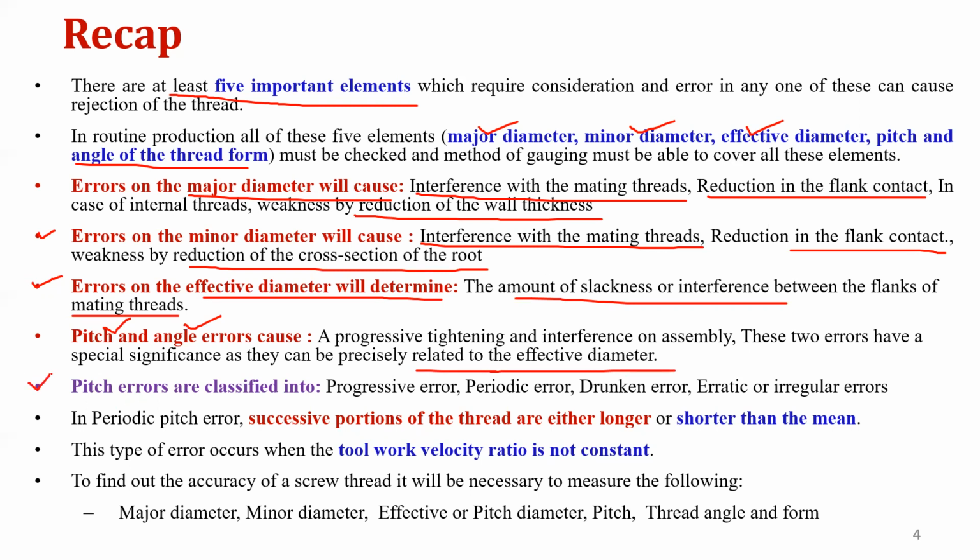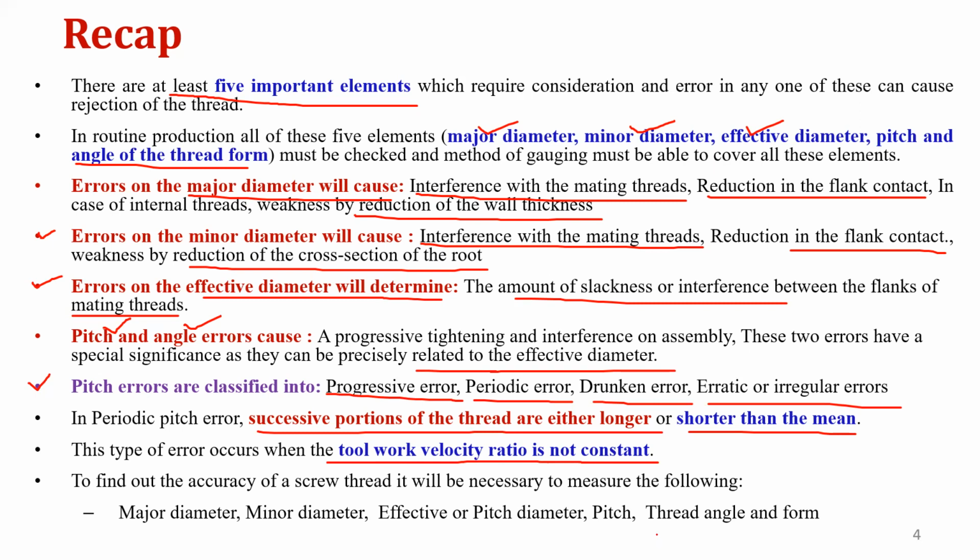And then these pitch errors are classified into progressive pitch error, periodic pitch error, drunken error, and erratic or irregular errors. So in periodic pitch error, the successive portions of the thread are either longer or shorter than the mean length of the thread. This type of periodic pitch error occurs when the tool-work velocity ratio is not maintained constant.